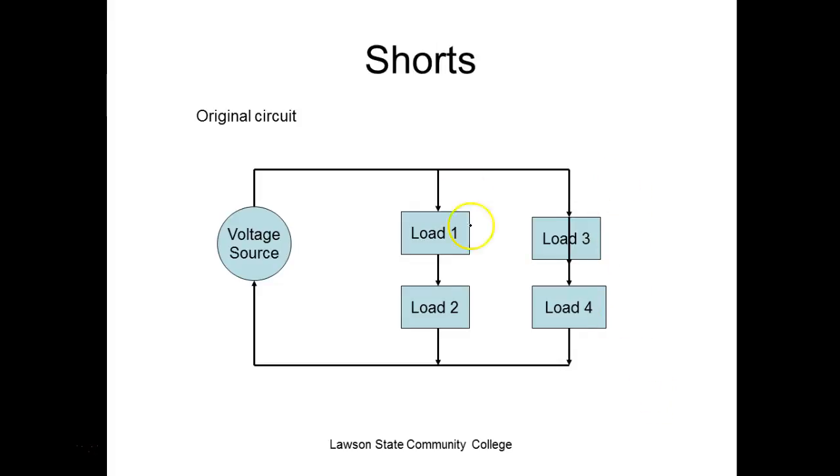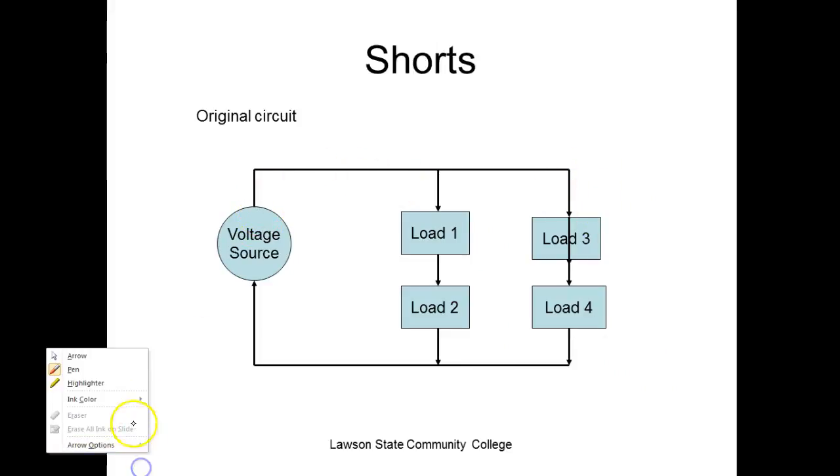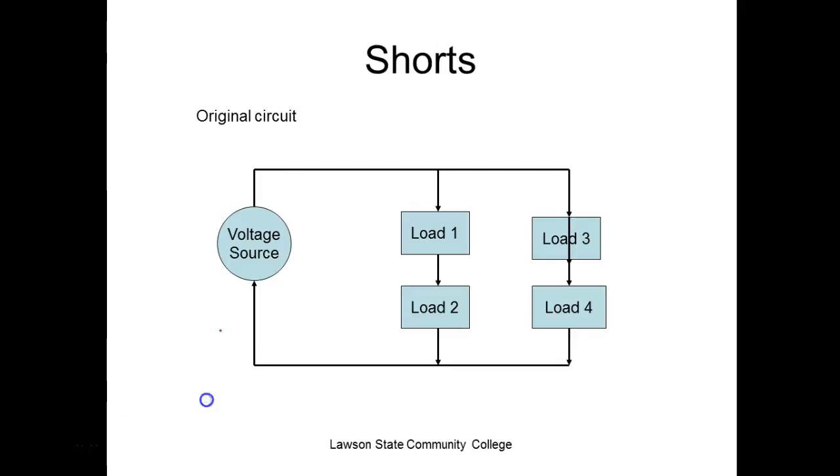Okay. The current through this path stays the same. But if the current in this path goes up, you can see the voltage source is providing two loads. So it's coming over here and dividing, and then of course it comes through here and then comes back, right? So what we have here is what we call total current.